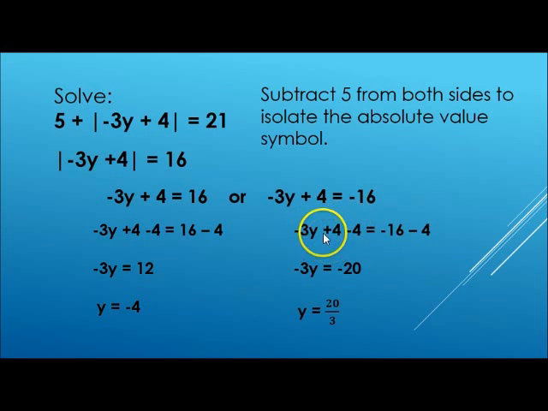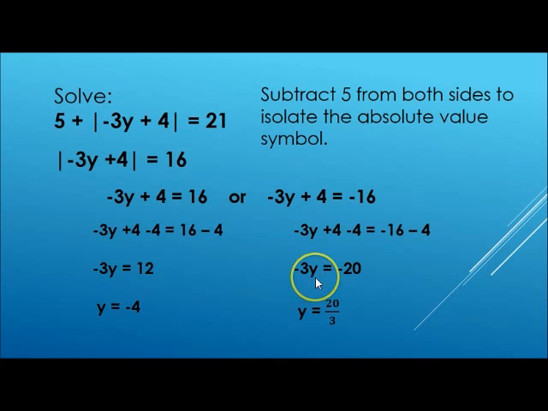So again, because we're adding 4 originally, we're going to go ahead and subtract 4 on both sides. But this time, we're subtracting 4 from a negative 16. So that's going to give us, in our next step, negative 3y equals negative 20. Because negative 16 minus 4 gives us negative 20.